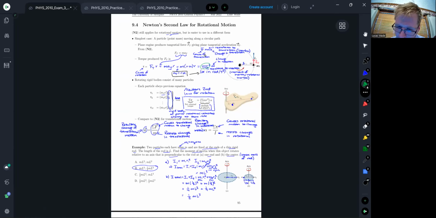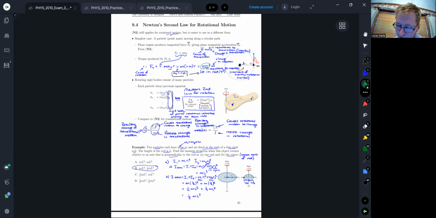Okay, second law for rotational motion. This is the analog of Newton's second law for translational motion, which says that the more net force you have acting on something, the more that thing will tend to accelerate, but the more mass that thing has, the less it will tend to accelerate.